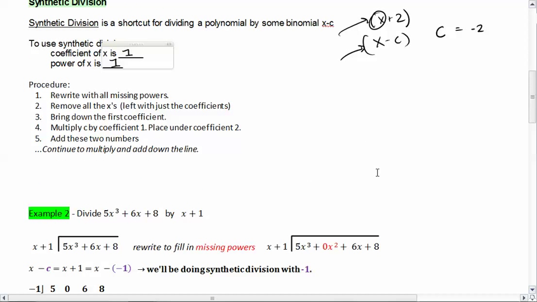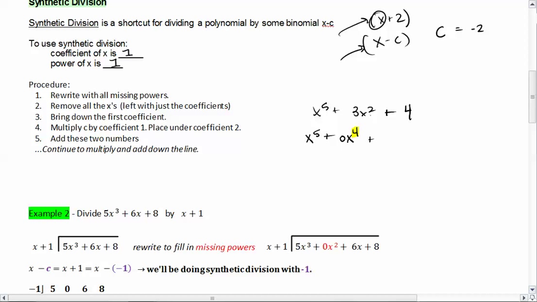The procedure for synthetic division is to first rewrite with all the missing powers. So if you're given x to the 5th plus 3x squared plus 4, you want to rewrite this as x to the 5th plus 0x to the 4th, because we didn't have that x to the 4th in there before. We want to fill in all the gaps.